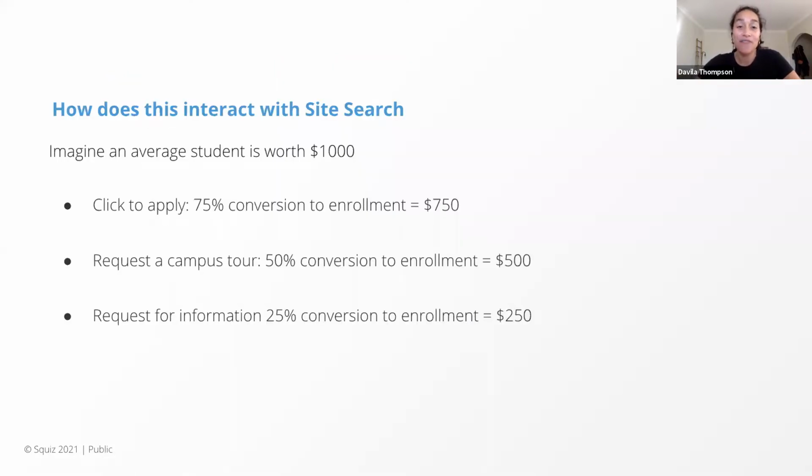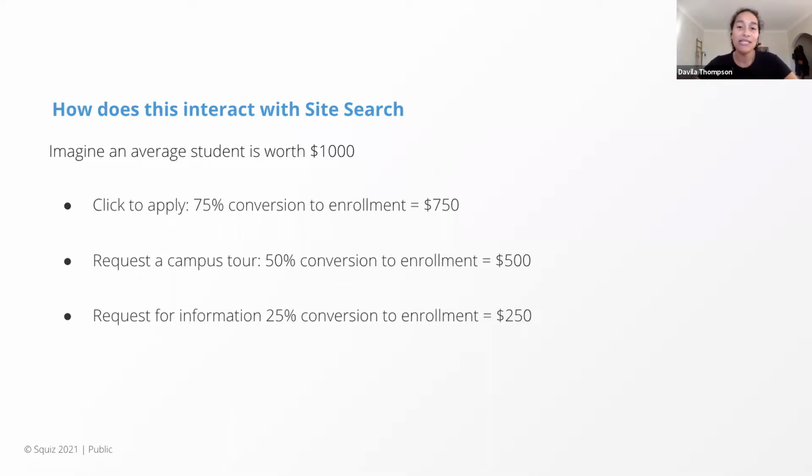So to illustrate its value, let's say that you want to track three or four of the most important actions that users could take on your website. One might be a click to apply, which would be an external link to an application website. It might be a request for a campus tour, which might be a form submission, or requesting information, another form submission, or something else such as signing up for an open day. Crudely put, let's assume that a student is worth $1,000.